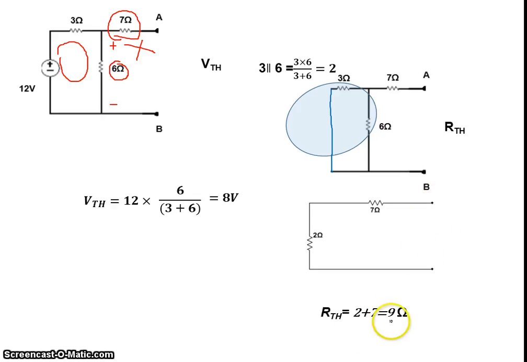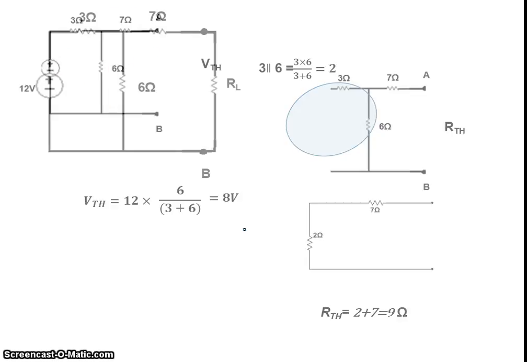So RTH is equal to 9 ohm. So we have calculated 8 volt, that is the equivalent voltage VTH, and RTH is equal to 9 ohm. Since these are the two pieces of information required to represent the Thevenin's equivalent circuit, now we can proceed to the last stage of drawing the equivalent circuit.